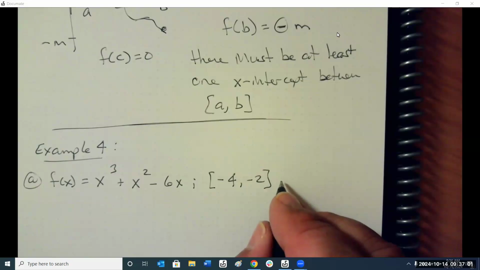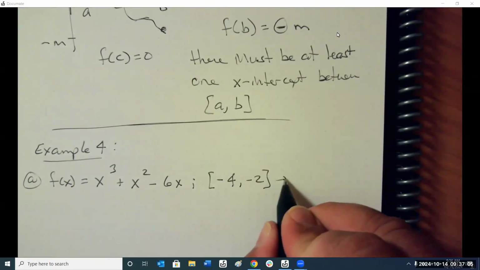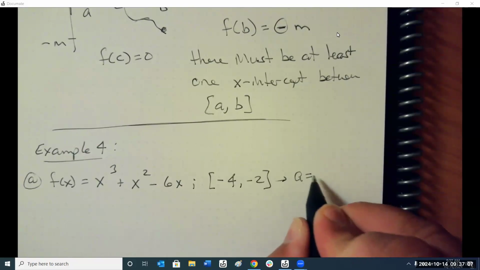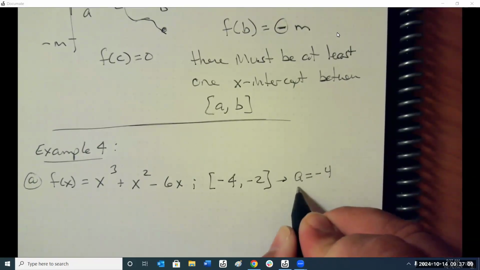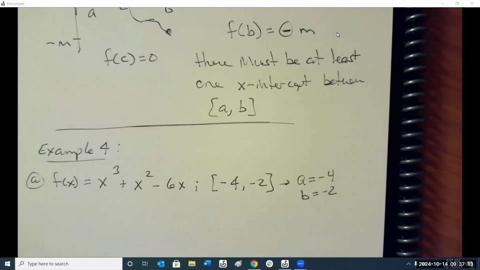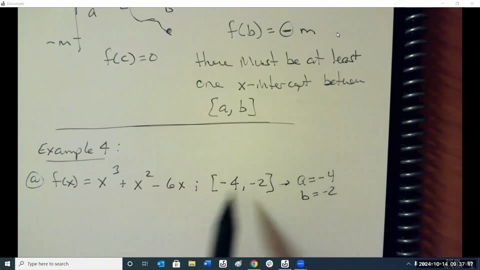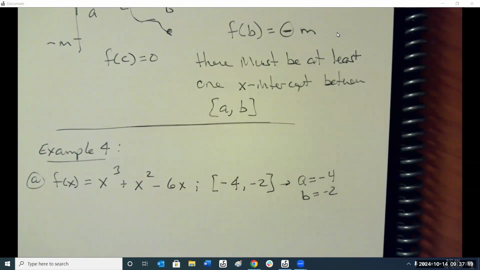What this means is A equals -4 and B equals -2. That's the closed interval domain.